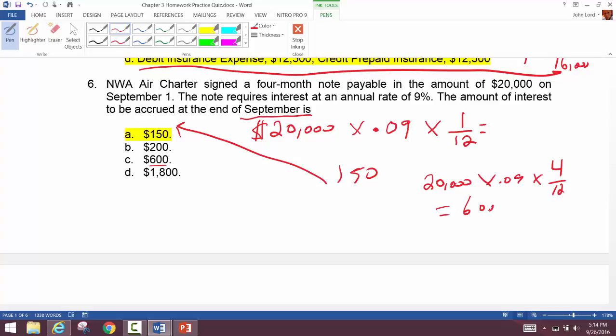Okay. How about the journal entry? Journal entry at September 30th. Do I owe this person interest now? If I don't, he'll see me in court. If I tell him, I am paying you the 150, was it 150?